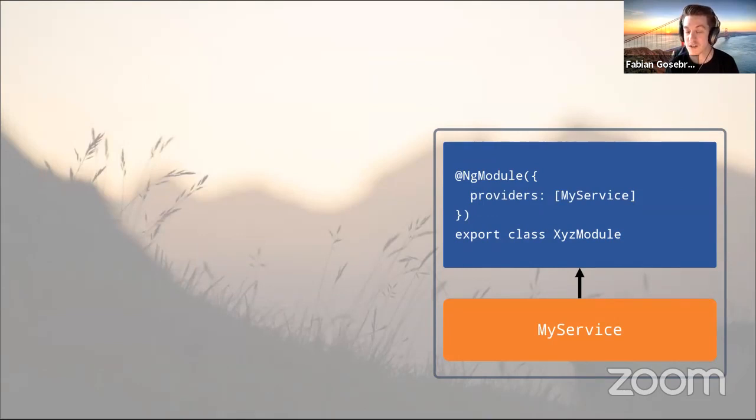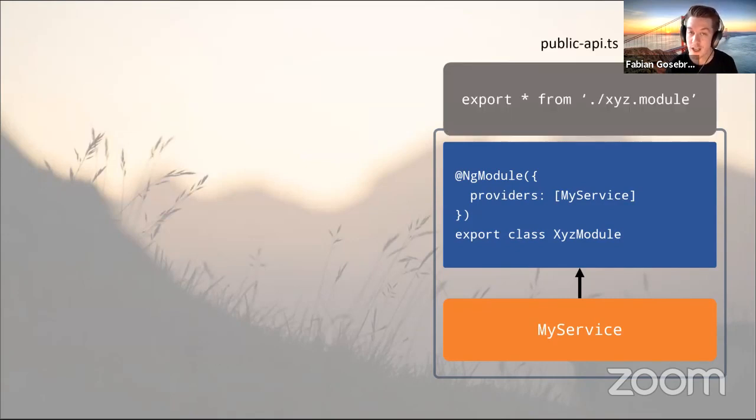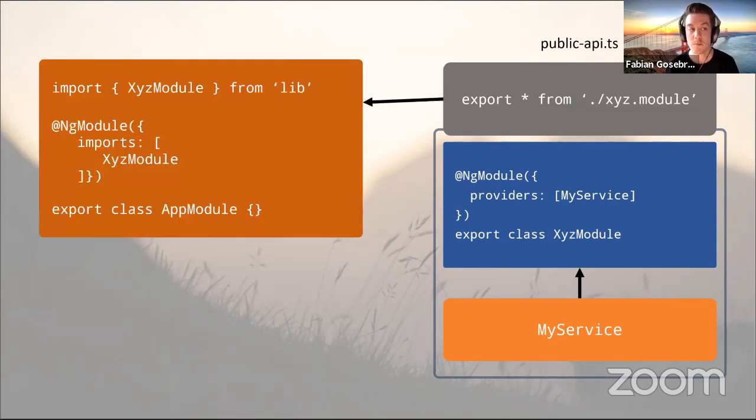Let's take a look at services. If you're using services inside of a library and you want to provide them and you're using the providers array on that module, again, we are exporting everything from that XYZ module in our public API. Then we import the XYZ module from that lib. And when we import the module, the providers are normally getting merged, right? So the type is basically known for the Angular dependency injection.